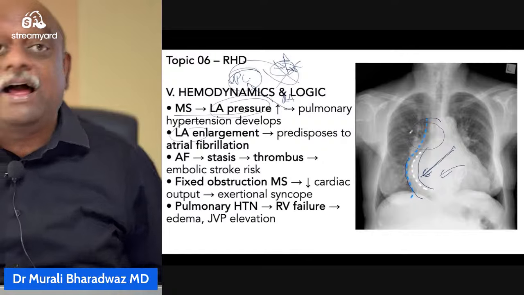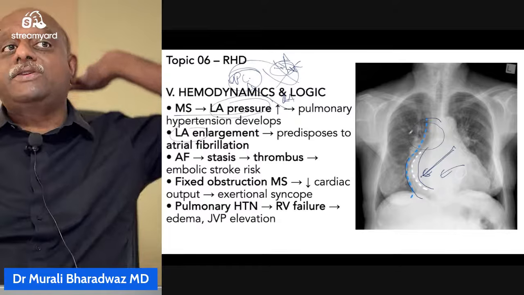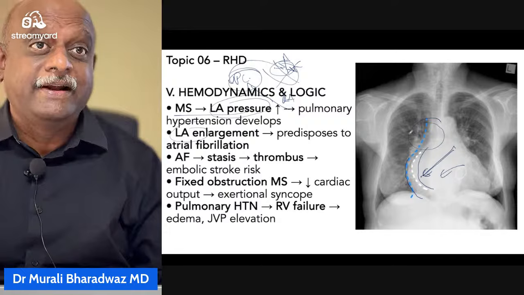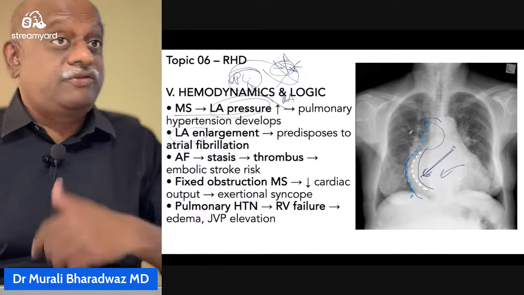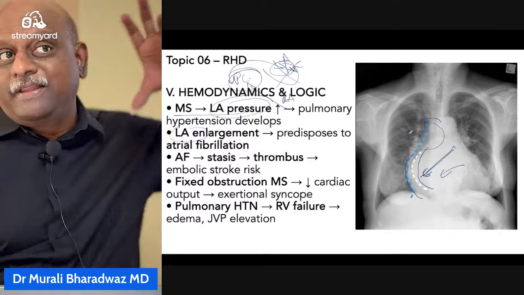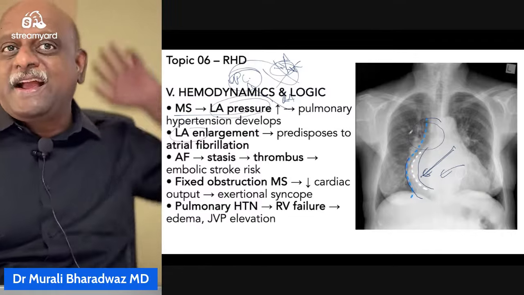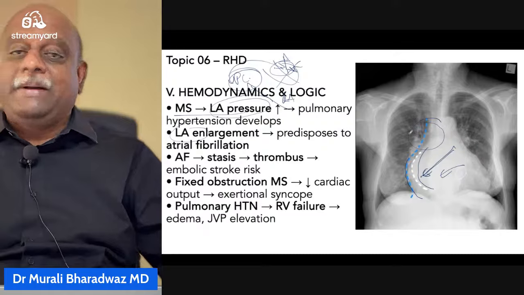Any LA enlargement will lead to compression of your posterior mediastinal structures, including the esophagus and trachea. That's the reason you get dysphagia, because of the enlargement of the left atrium into the posterior mediastinum and the compression of the esophagus.